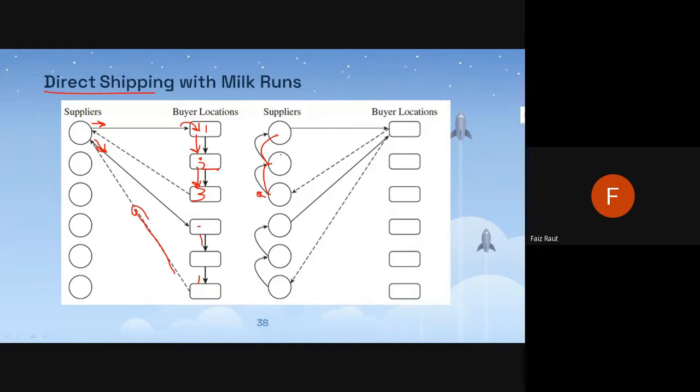So from three locations, it has collected the materials, and then it is going to the buyer location, delivering all the materials. Then it is coming back to this location. Okay, when the delivery is for multiple locations, or the collection is from multiple locations, in both cases, it is called a milk run. Okay, this is very important from the exam point of view.